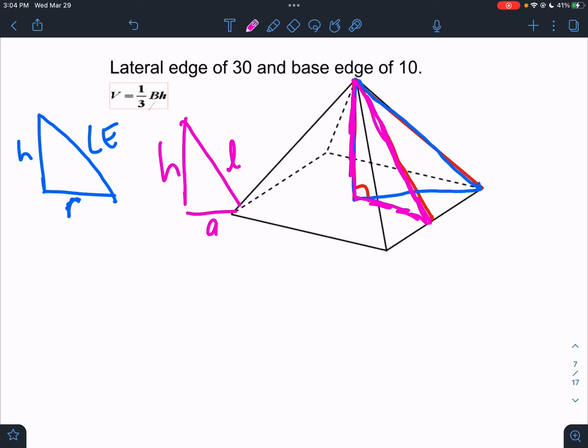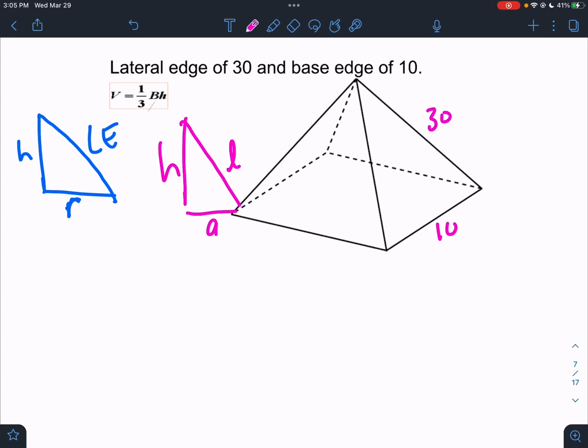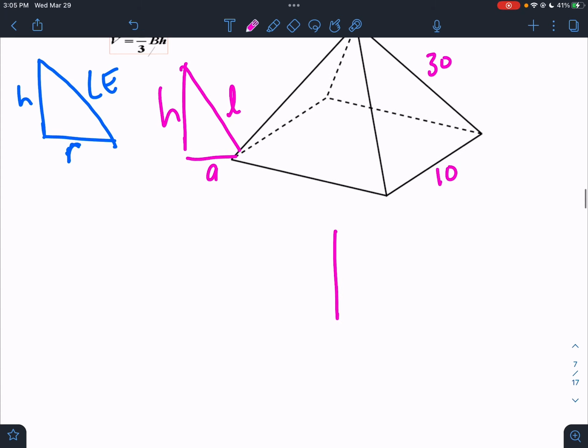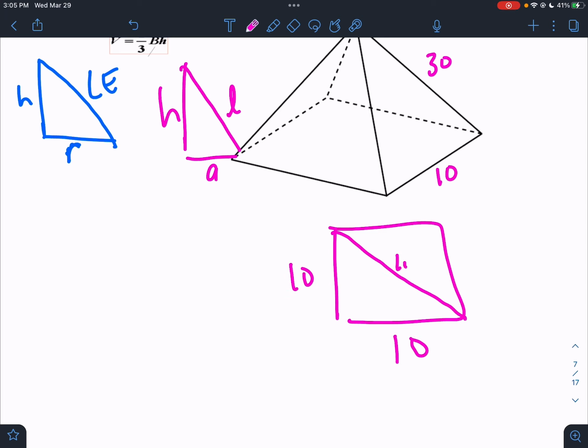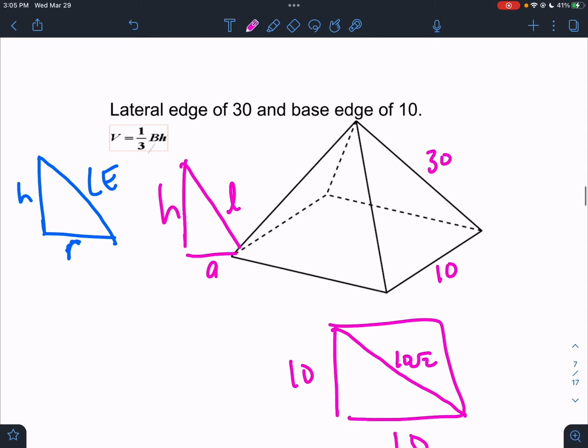For this particular problem, they gave us the lateral edge of 30 and the base edges are 10. So if I draw the square, 10 and 10, the entire diagonal would be 10 root 2, right? It didn't actually tell us, sorry, square base. I should have put that in there.